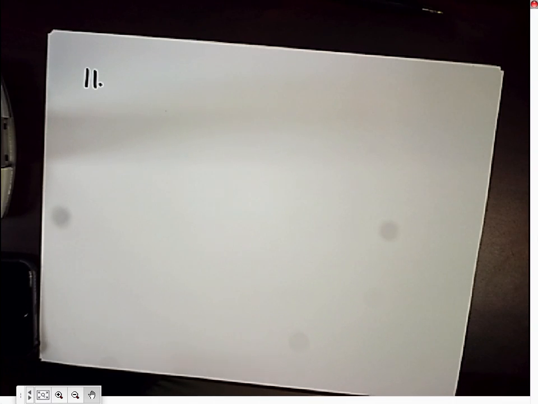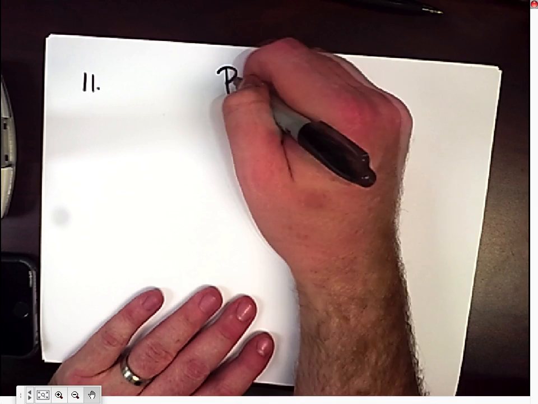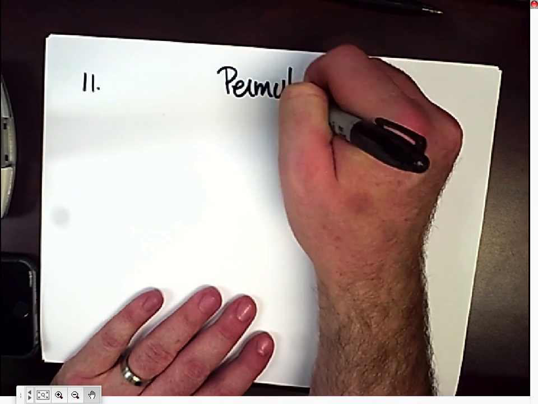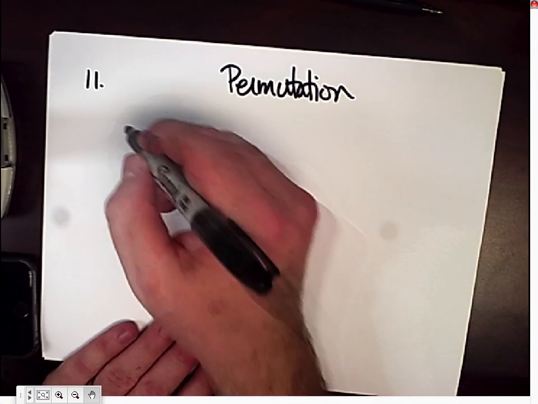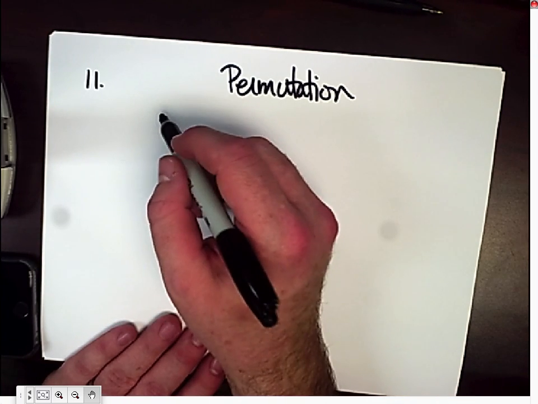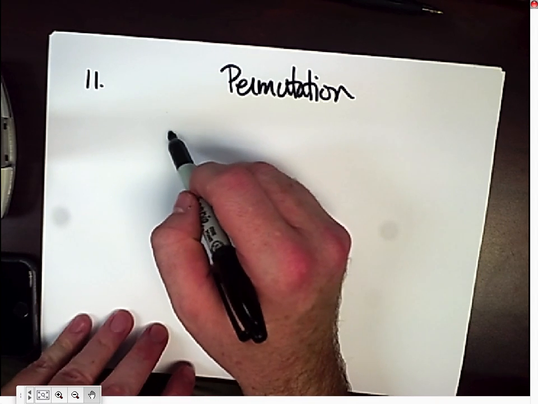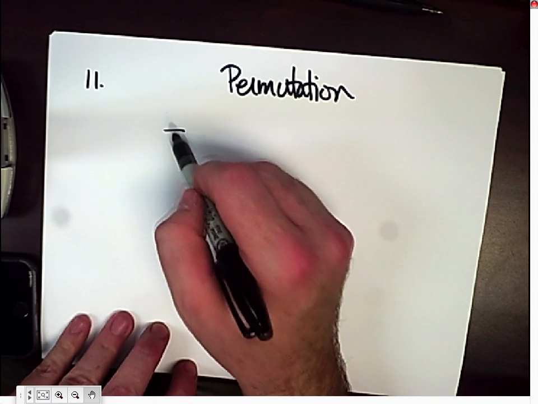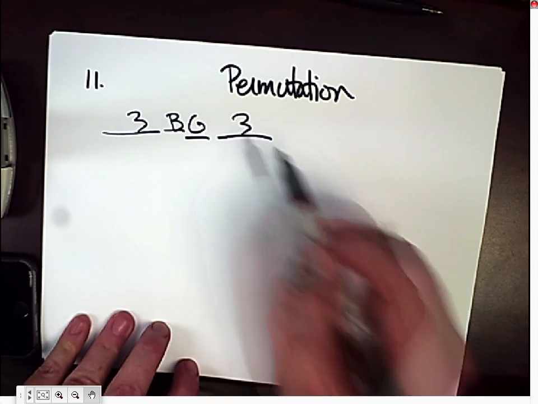But what you would have to do if you work it like a permutation is you would have two cases. You would have one where it's the bride on the right and the groom, and you got 3 and 3, right?